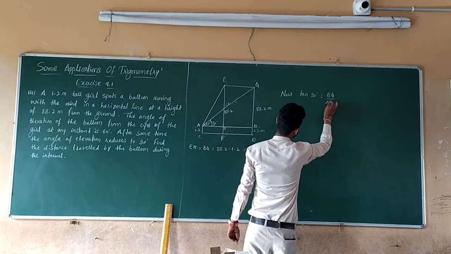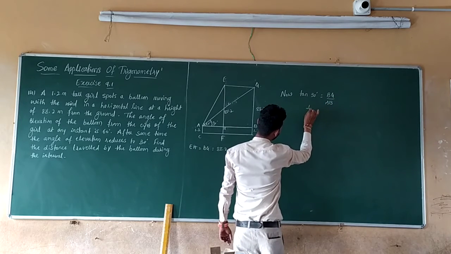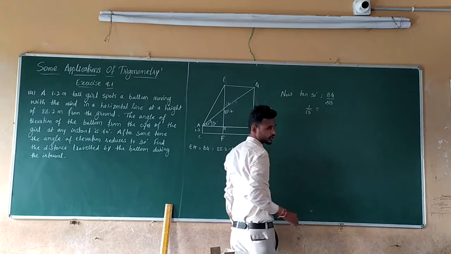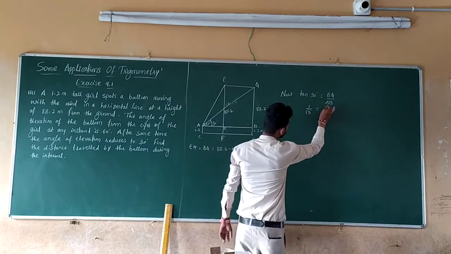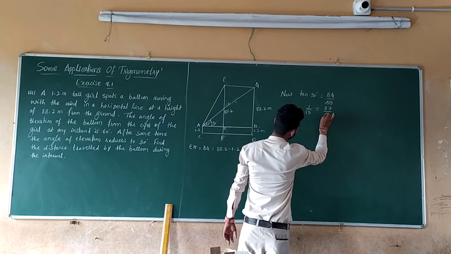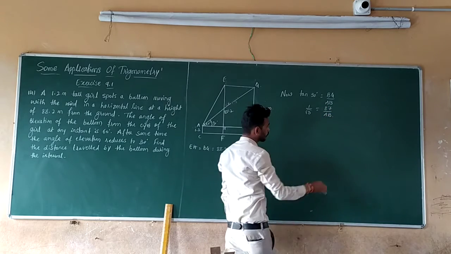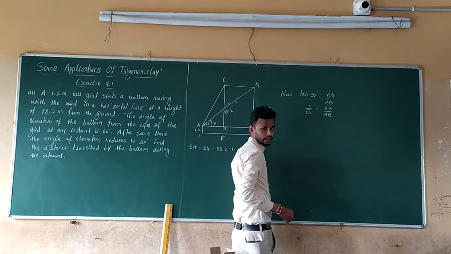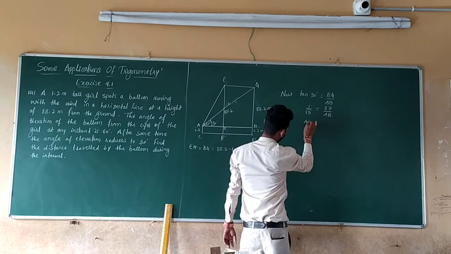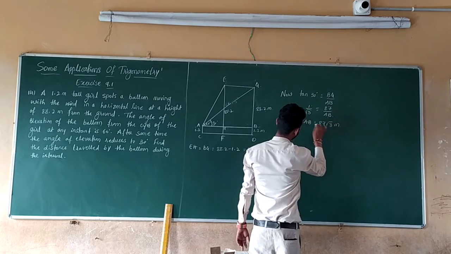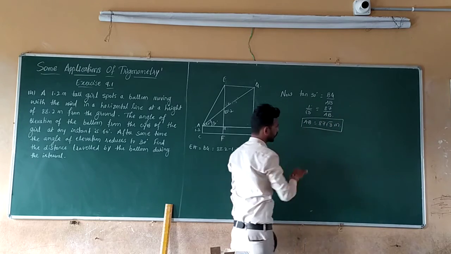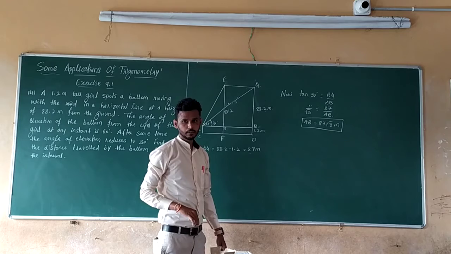So BZ divided by AB. Tan 30 degree value is 1 by root 3. So this is equal to BZ, which is 87, divided by AB. Now bring AB to the LHS and take root 3 to the RHS. So AB is equal to 87 root 3 meter.